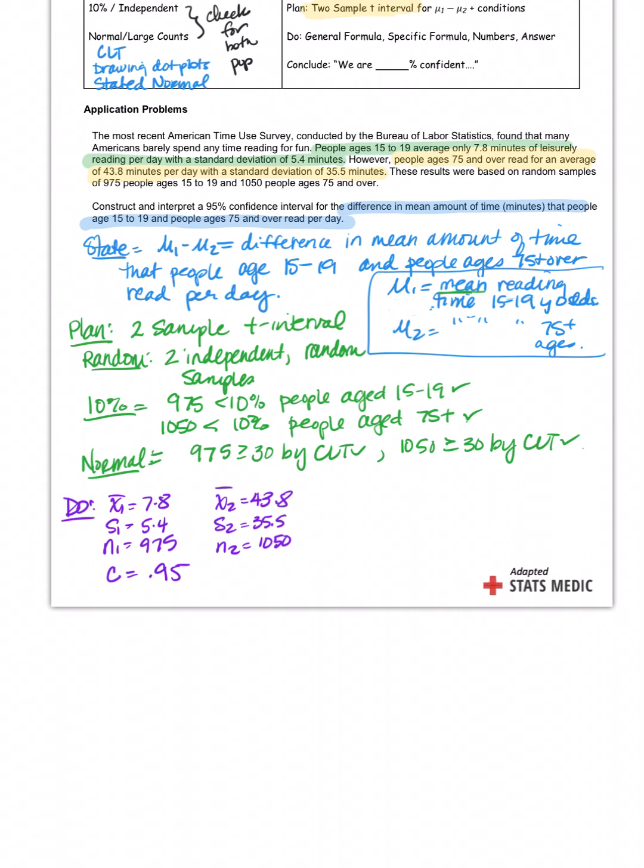Let's see, when it asks for pooling on this, what do we do? No. We always say no to pooling with means. Okay? All right, what does this generate? It gives us this interval, negative 38.18 to negative 33.82.